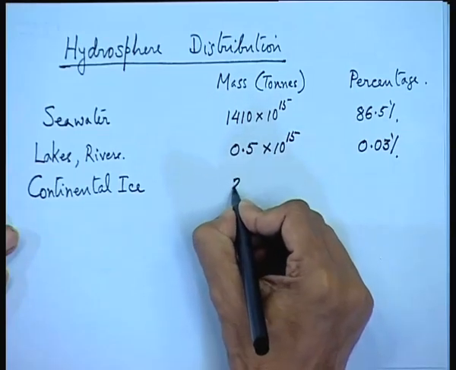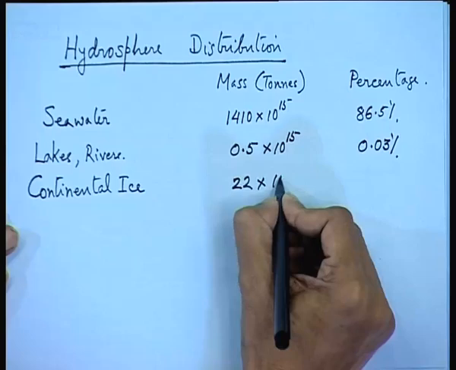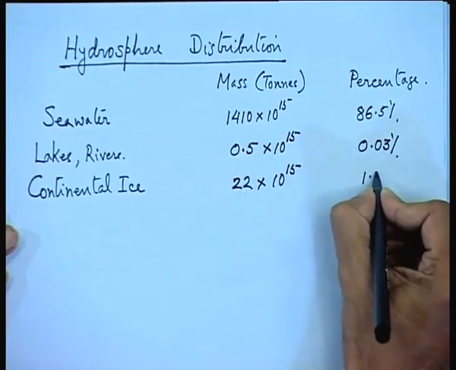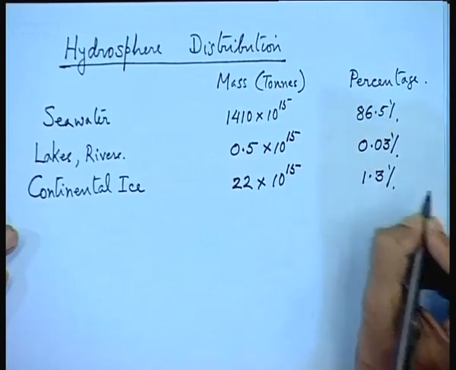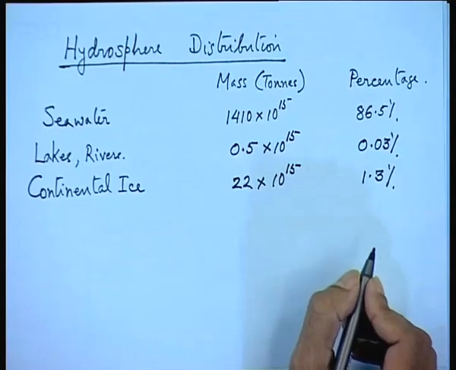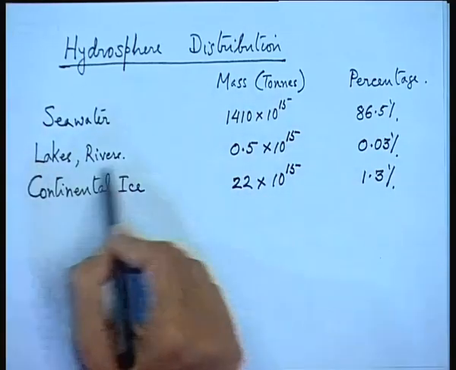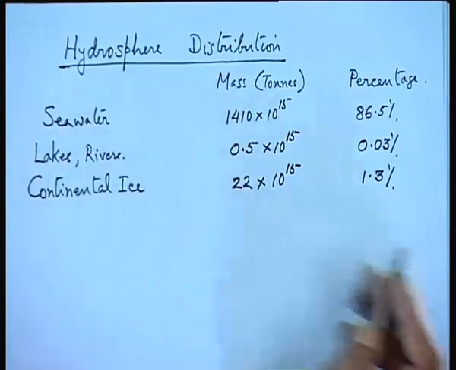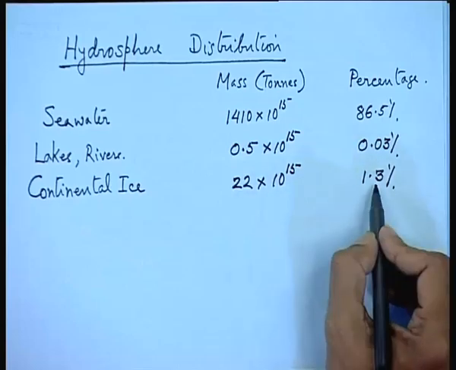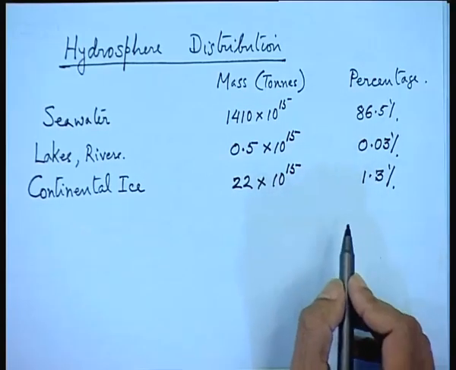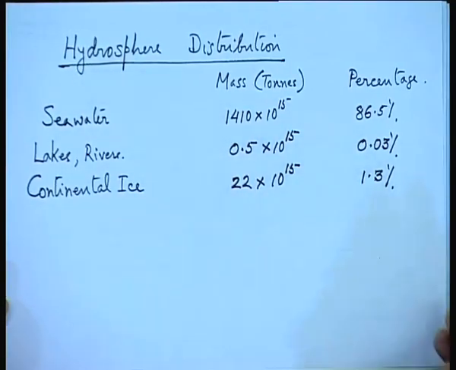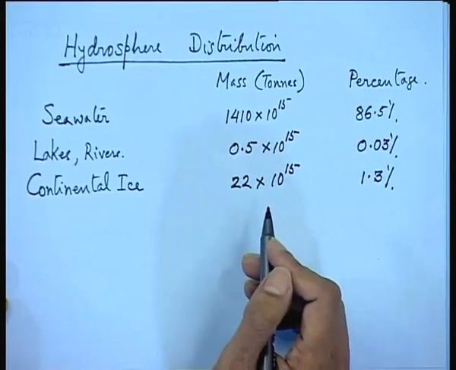This is 22 multiplied by 10 to the power 15, and percentage-wise, this is 1.3%. You can imagine that the continental ice present at the poles is more than what is present in our lakes and rivers. So, if this huge water mass melts, those of us who are afraid of global warming fear that it can increase the water in the oceans.